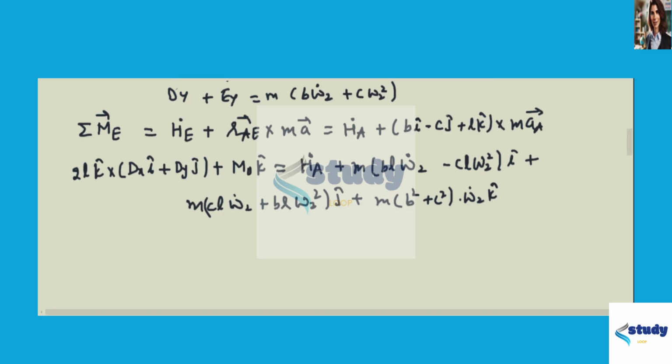Now substituting the value of rate of change of angular momentum H A from equation 3. This value you have to substitute from equation 3. Remember it and simplify it. I am not showing the calculation here.